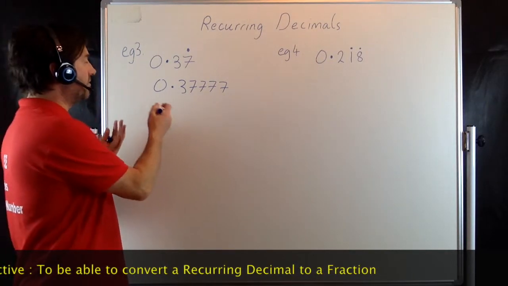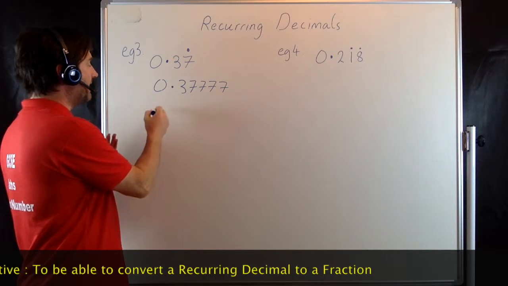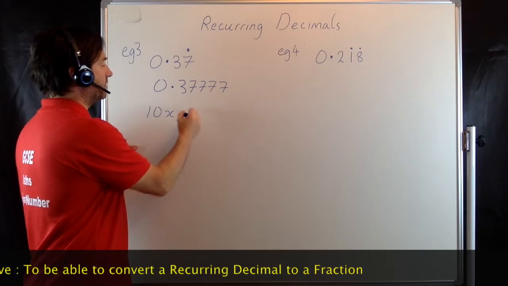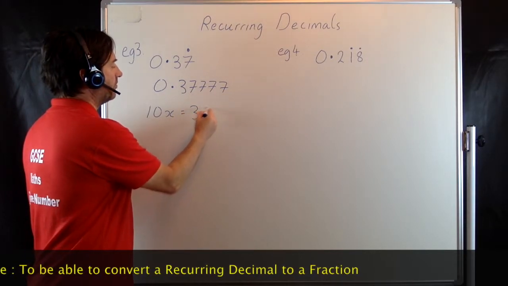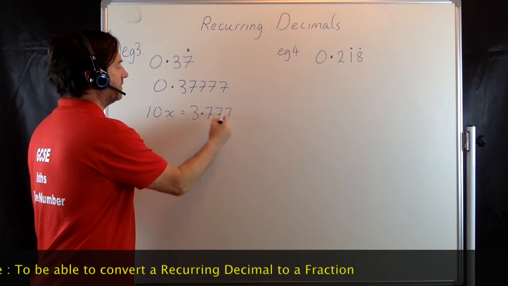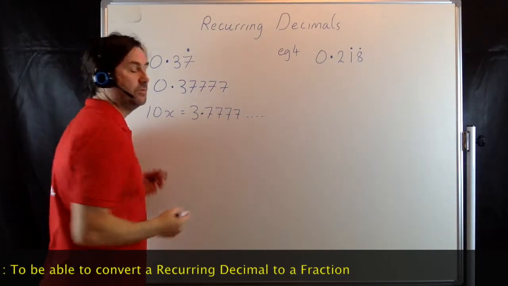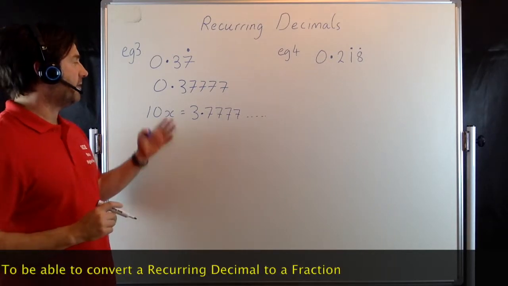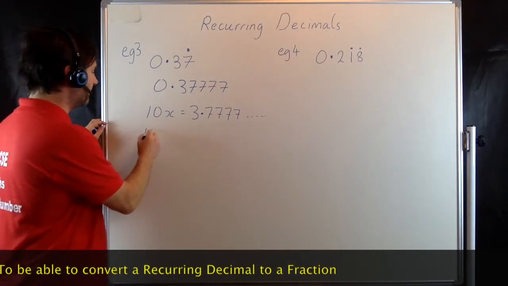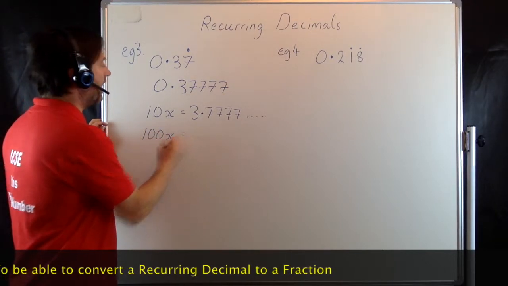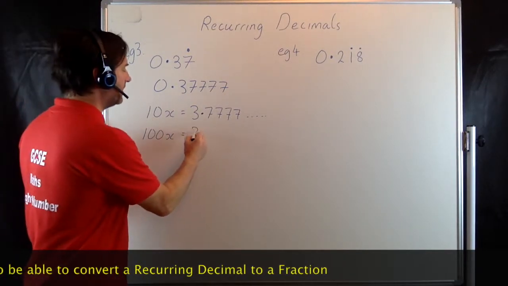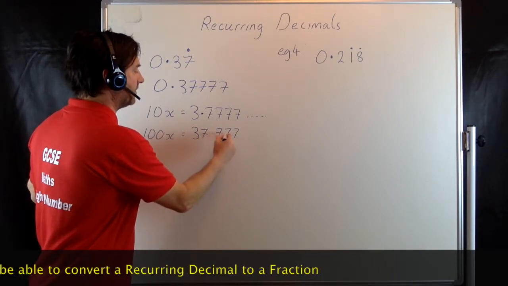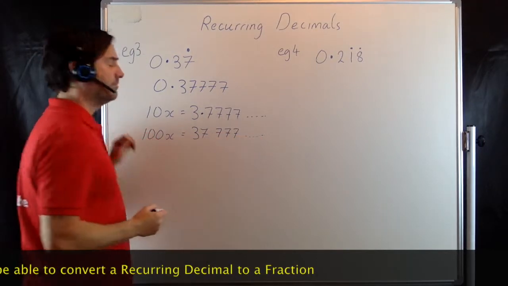So here what we're going to do is times this first of all by 10. So I'm going to say 10x is going to equal 3.7777 continuing. Now what I could do now is, if I multiply the original by 100, then 100x is going to give me 37.7777 recurring.